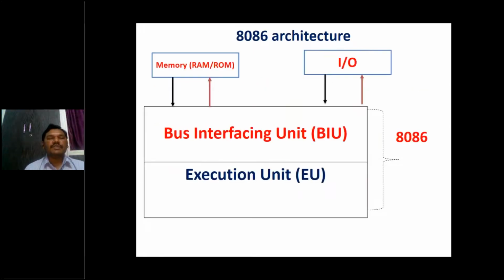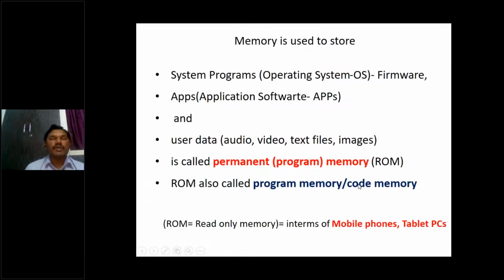So see here, memory is outside of the microprocessor. This is the point we are talking about now. Memory is used to store permanent data. The permanent memory is mainly used to store system programs, operating systems, which in embedded systems are also called firmware, apps, application software, and user data: audio files, video files, text files, images or photos.